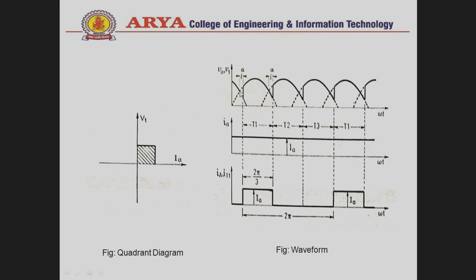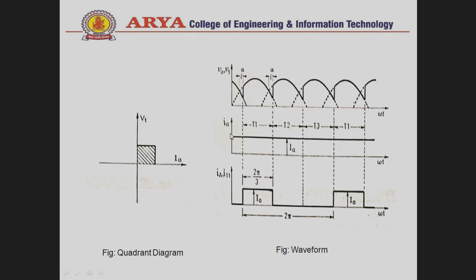When we consider alpha to be some value, then from the crossover point, if we consider this is 30 degrees and alpha is 30 degrees, then 30 plus 30 is 60 degrees. It means thyristor T1 starts working there, and due to the firing angle being 30 degrees, the thyristor will work up to that point.